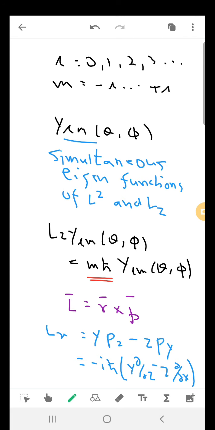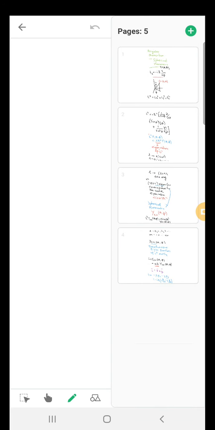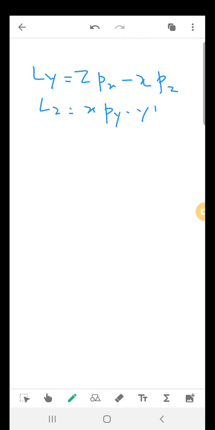Similarly we can write Ly as equal to z px minus x pz, and Lz is equal to x py minus y px.